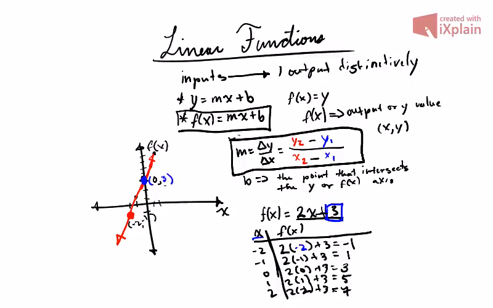This point right here is 0, 3, and this point down here is -2, -1. This is going to be my x2, y2 point, or point 2, and then I'm going to have point 1, which gives me my x1, y1.